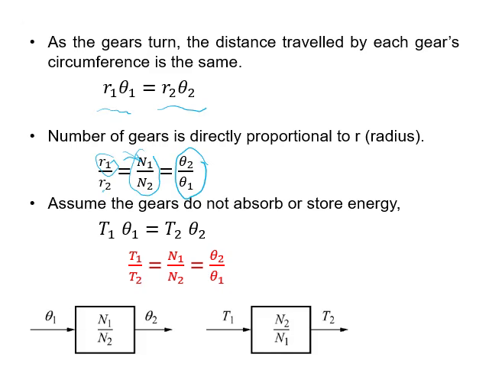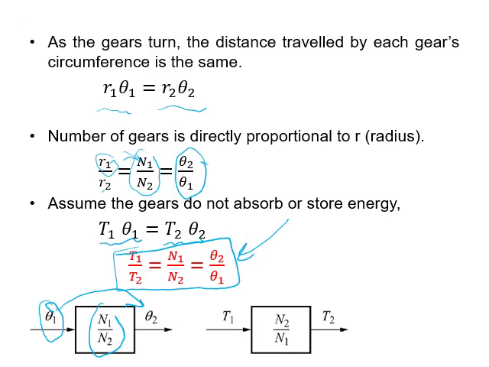Now, if I consider the torque here, we will find that the torque T1 times theta 1 equals T2 times theta 2. We can rewrite the equation like this, and this is what I want: T1 over T2 equals N1 over N2 equals theta 2 over theta 1. Which means, if I want to travel from theta 1 to theta 2, we multiply theta 1 by N1 over N2.